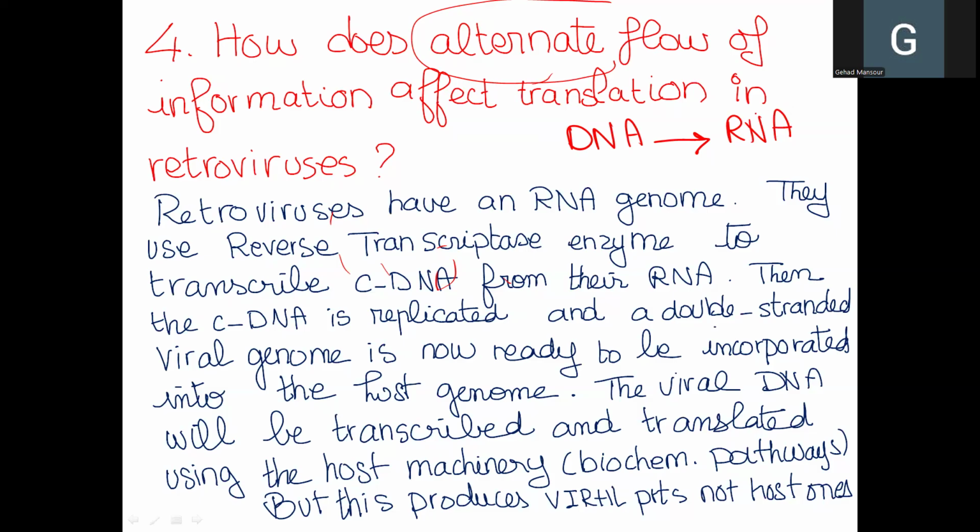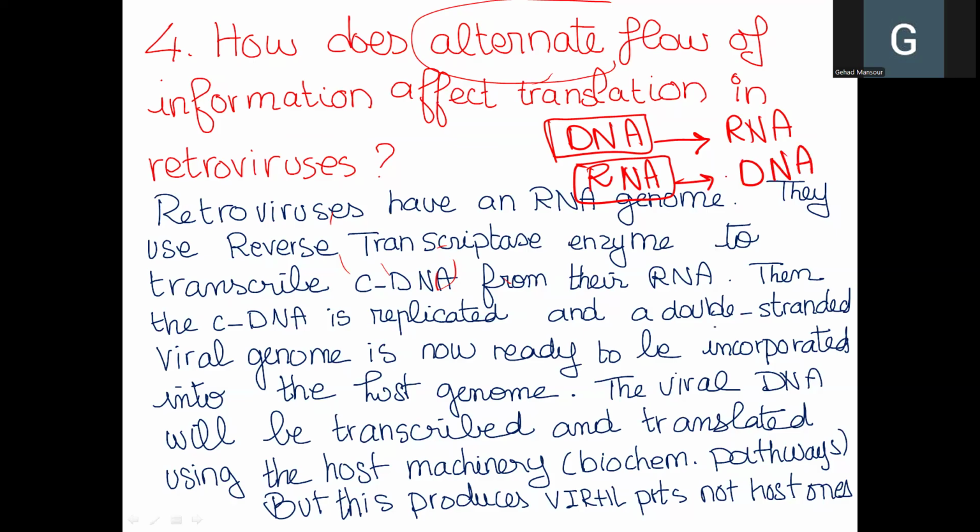So the alternative flow of information would be the reverse. Instead of starting with a DNA template and ending by transcribing messenger RNA, in reverse flow of information, we will start with RNA and we will form a molecule of DNA.